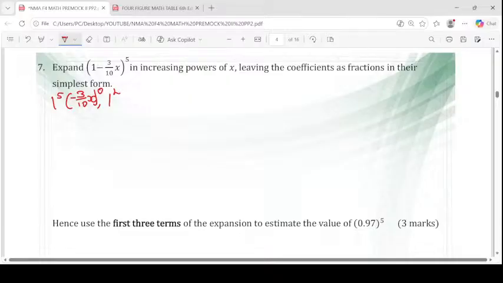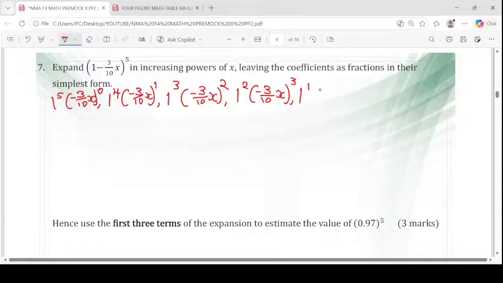Then 1 power 4 into negative 3 over 10x to the power of 1. 1 power 3 into negative 3 over 10x to the power of 2. 1 power 2 into negative 3 over 10x to the power of 3. 1 power 1 into negative 3 over 10x to the power of 4. Then 1 power 0 into negative 3 over 10x to the power of 5.